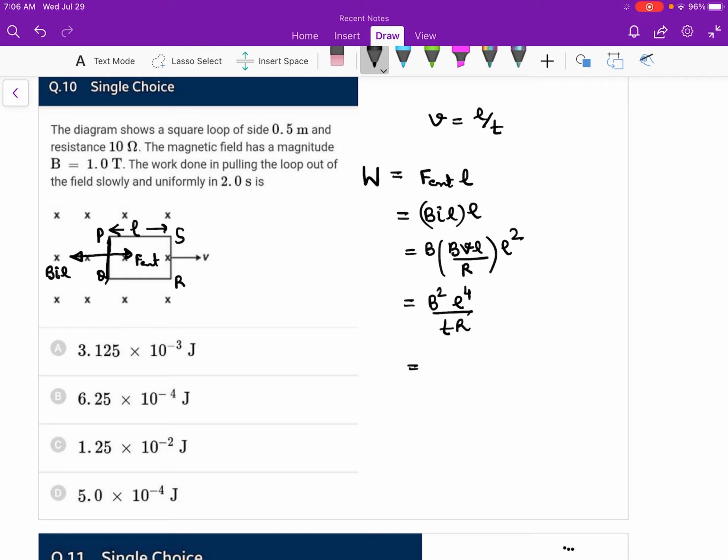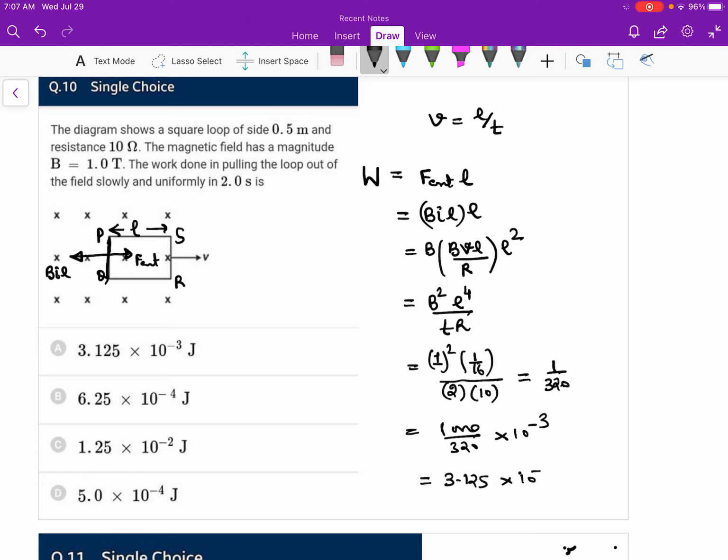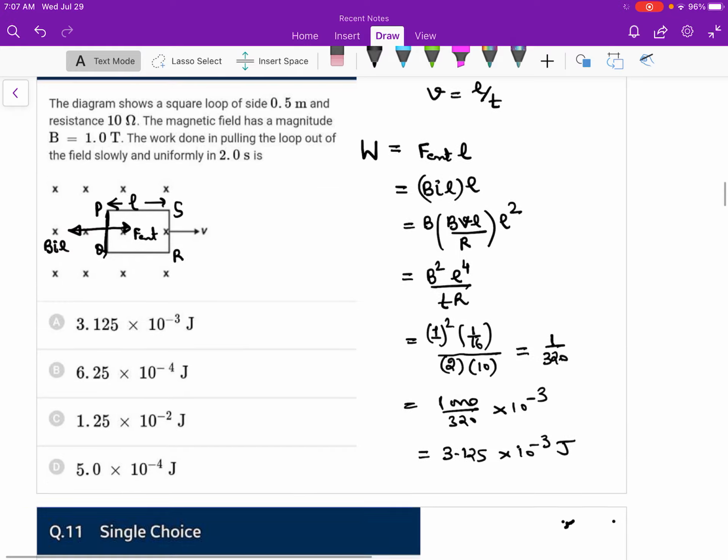Substituting B square, L is 0.5, so 1 by 16, L upon t, which is 2, and R, which is 10 ohm. So this is 1 by 320, that is 1000 upon 320 into 10 to the power minus 3. So this comes out to be 3.125 into 10 to the power minus 3 joules.